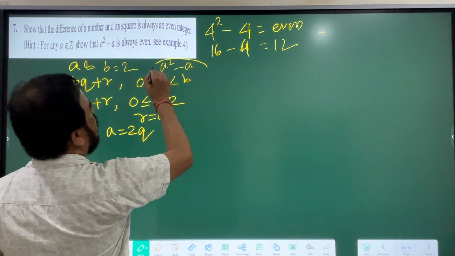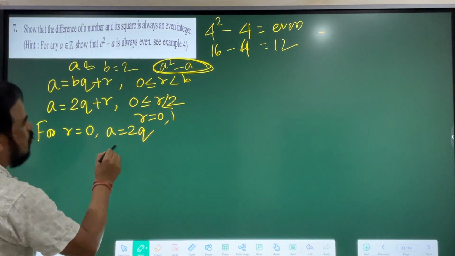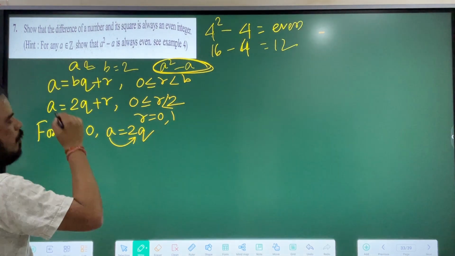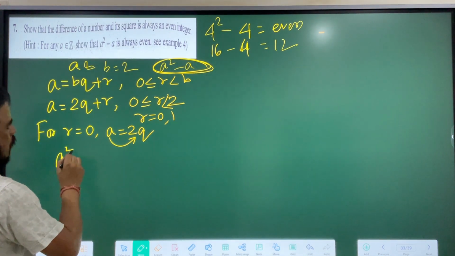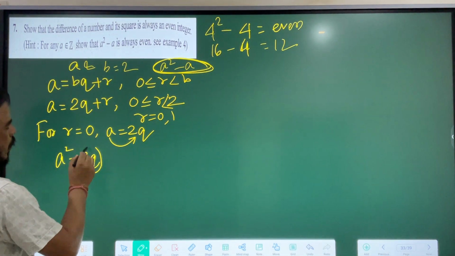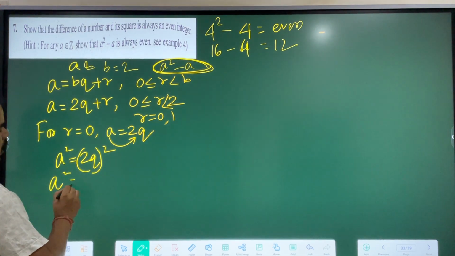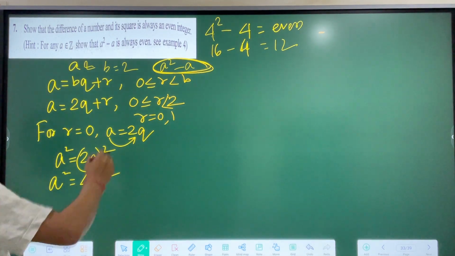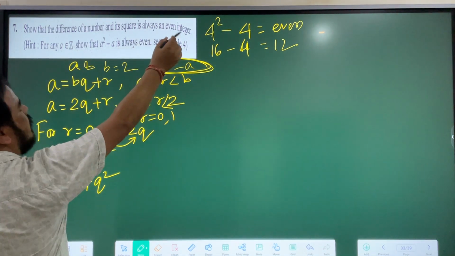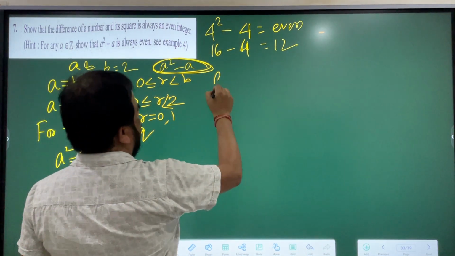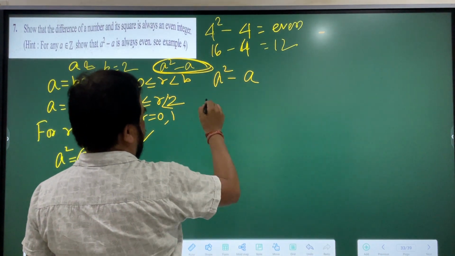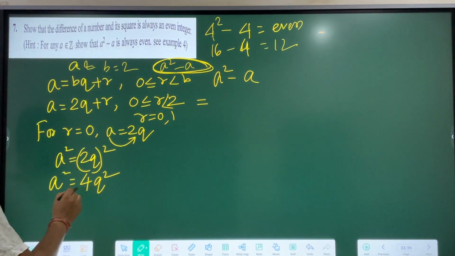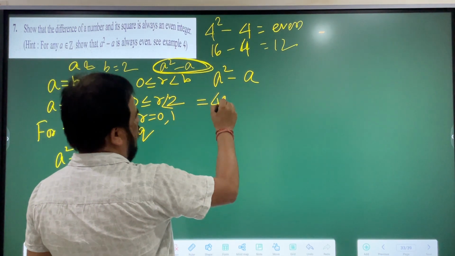Now a square minus a. We have got the value of a. Now we are going to get the value of a square. So a square is equal to (2q) square, a square is equal to 4q square. Let us see now whether a square minus a is an even integer or not. What is a square? 4q square.